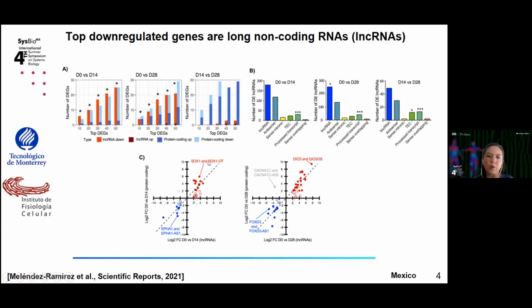For example, SOX1-OT. SOX1-OT is a lncRNA. The name means overlapping transcript. And there has been a report of the regulation of SOX1 by SOX1-OT. These are already known, and that's why their names are already modified.